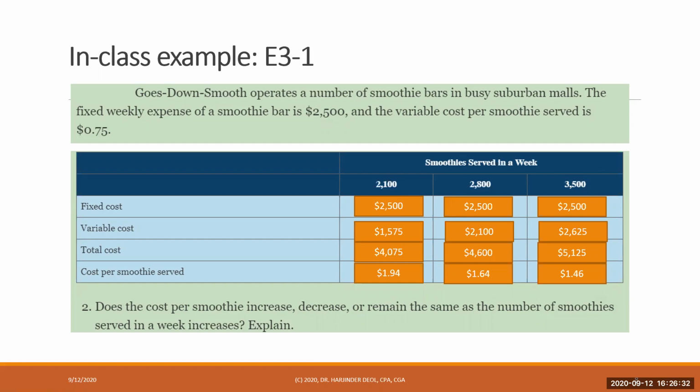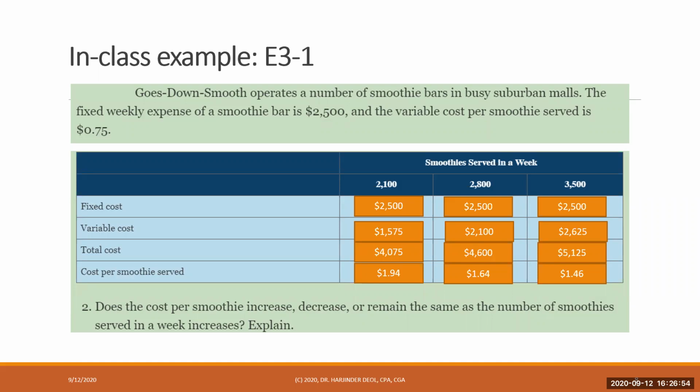And the consequence is that the total cost per smoothie served falls as well. And this is the concept that in microeconomics is called economies of scale. As a business grows bigger, for a certain length of time, it experiences a decline in average cost per unit.